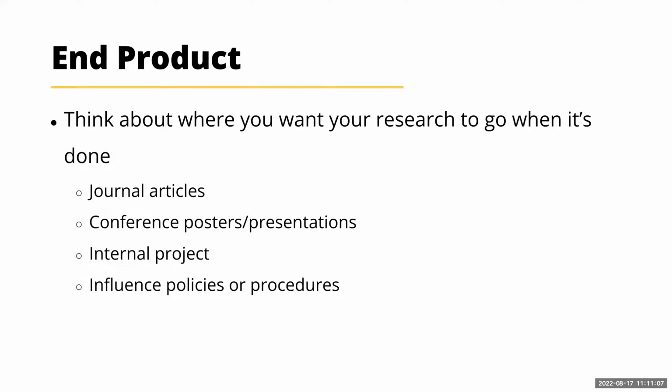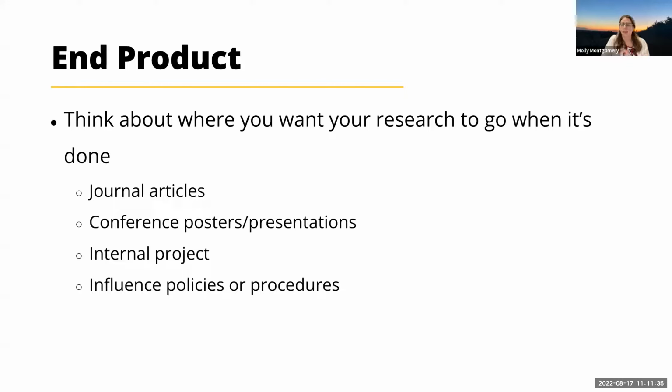One more thing to think about before we get into actually choosing and refining a research topic is the end product. What do you want to do with this research project when it's done? Because that might change what the research topic is or how you're going to study it. Is your end goal a journal article? Or are you okay just presenting at a conference with a poster or a presentation?